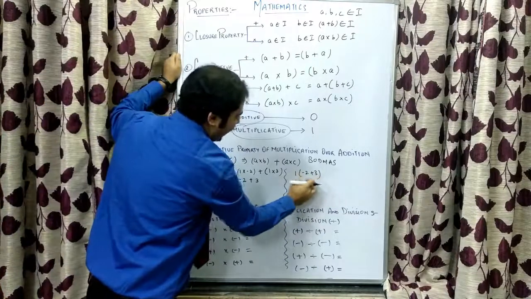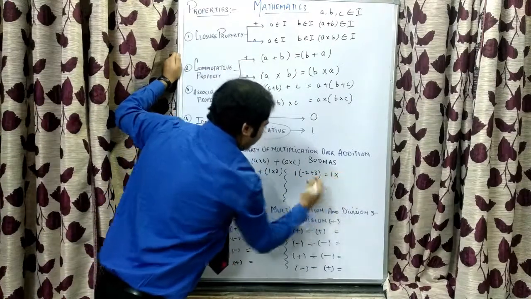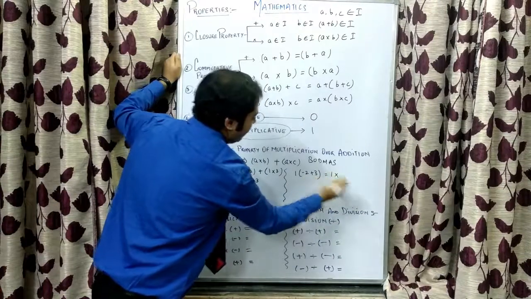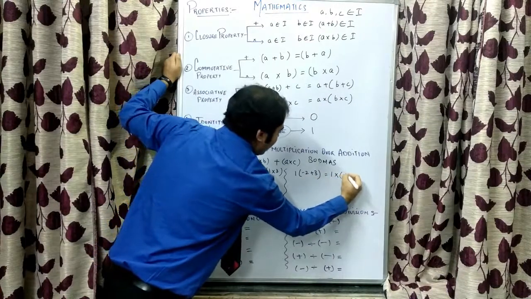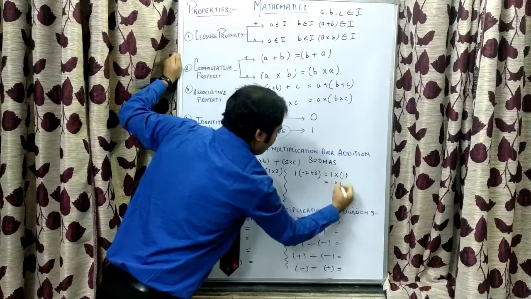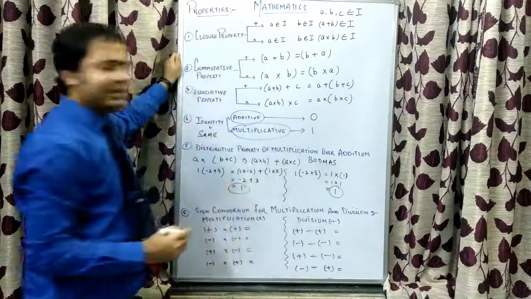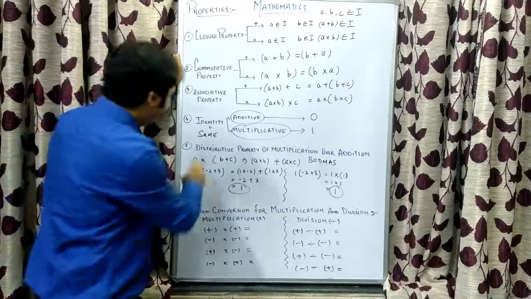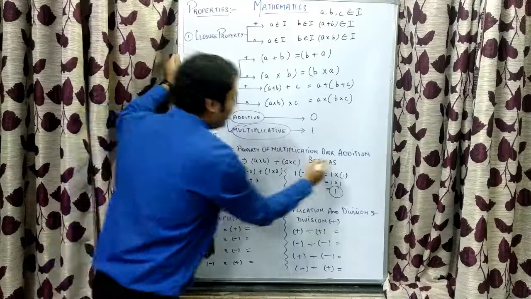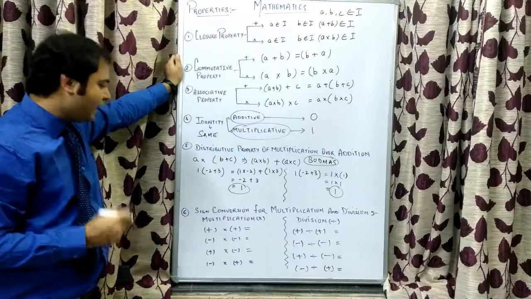So inside bracket we have got minus 2 plus 3, which is plus 1. Right? 1 into 1 will give us 1. That means the answer in both the cases is same. Whether we apply distributive property or whether we apply BODMAS rule, the answer will be same.